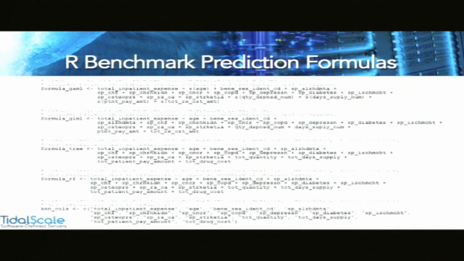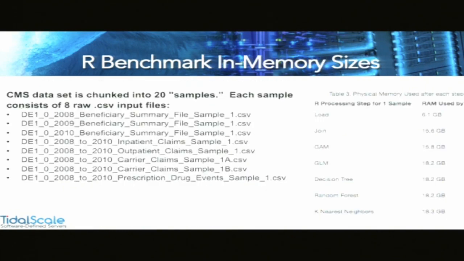A little bit more detail about the data set itself. Each data set has 20 samples. So here's the input files for one sample. And when you load them, they're 6 gig. You join them, you get to almost 16 gig.